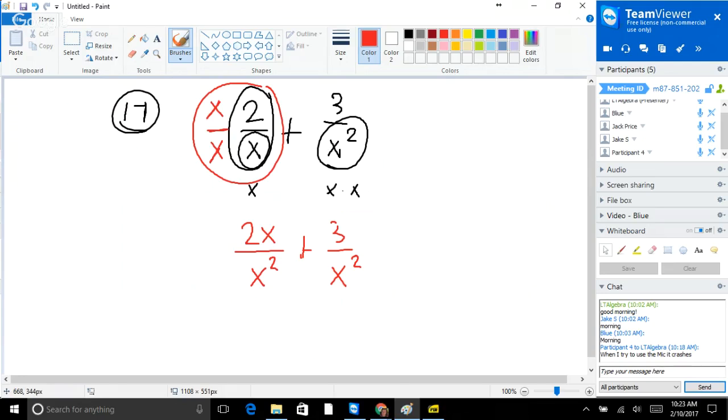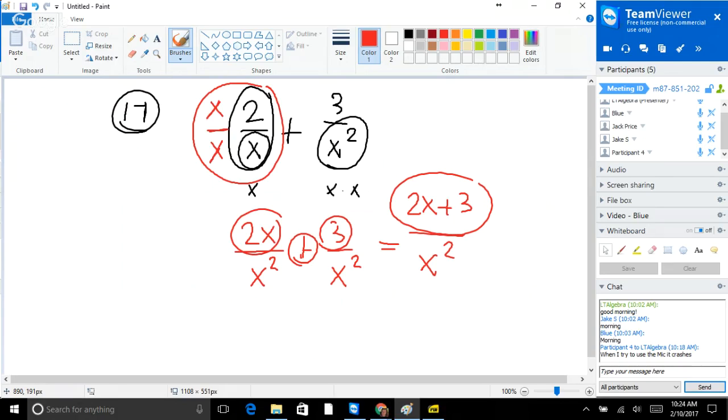Yeah, right? I just keep my denominator, x squared. This is an easy one. And I do 2x plus 3. You can't actually write this as 5x because the 3 doesn't have an x. So this would be as simple as we could get because I can't combine those two together.